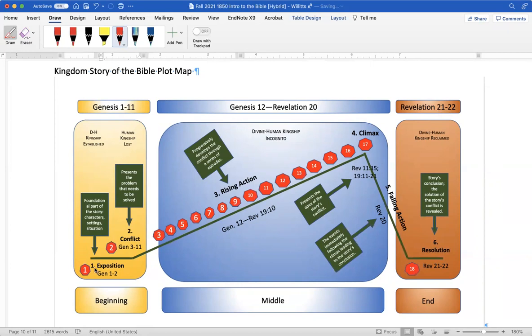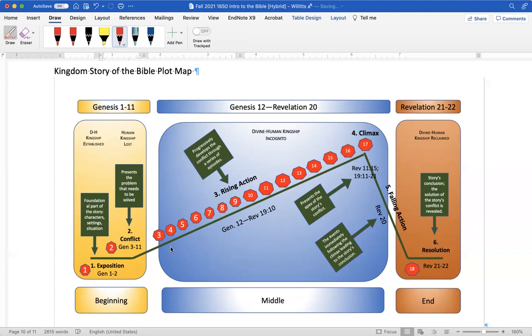Every story has a plot, and a plot is made up of several components. You have the exposition of the story, you have the conflict, you have the rising action, you have the climax of the plot, you have the falling action, and then you have the resolution.